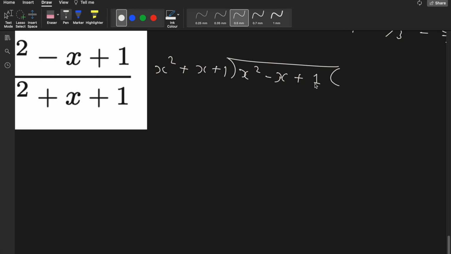And then we have to find the quotient here. The quotient would be 1 because 1 times x squared would give us x squared. So we write this down and then we subtract this.